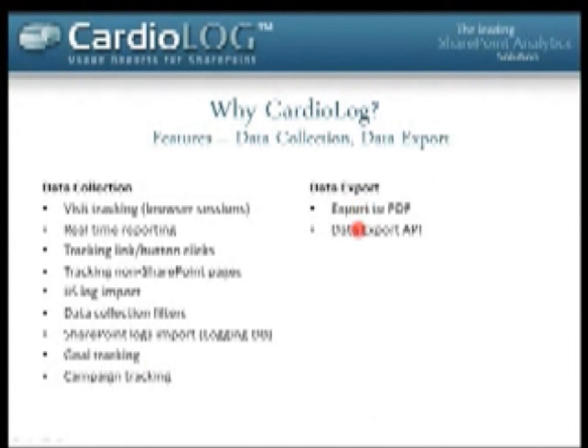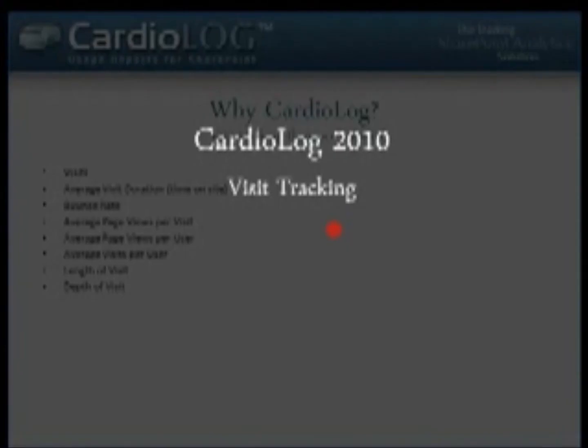And data export API is the ability to use our API to run reports with a web service and have an XML structure for the report results or an image chart which can be used for embedding into other applications such as your SharePoint portal.